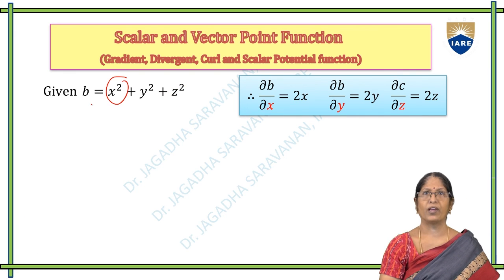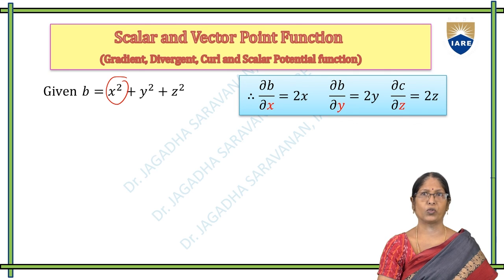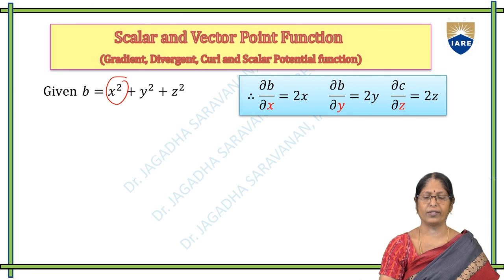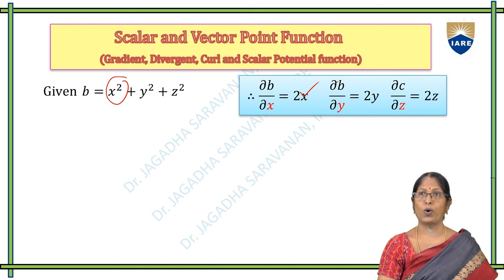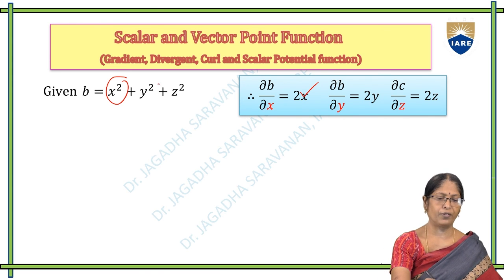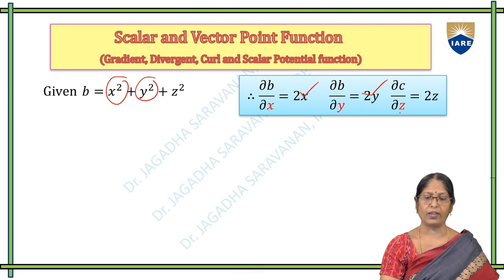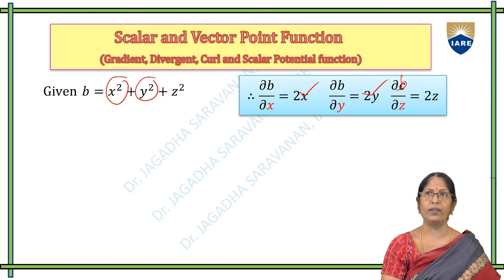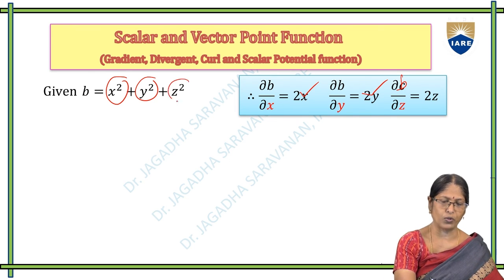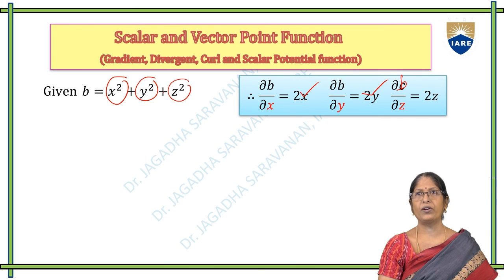Only this is the place we have the variable x square. So the partial differentiation is 2x. The next one is dou B by dou y. Here the differentiation is 2y. So the third one, dou C by, sorry, here also B only, because completely we are doing regarding B, the differentiation related to x, y, z. So now here also 2z. So the partial differentiation of B with respect to x, y, z we completed so far.